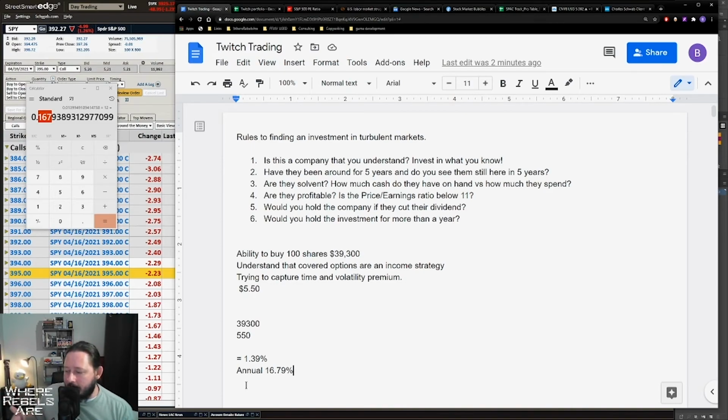So in a retirement account, the buying and selling activity is not reported. It is only the depositing and withdrawing activity, which is why it makes more sense to do this in a retirement account. But that 16.79% annualized return on money that you already had invested is in addition to the potential movements, as long as you continue the discipline of selling out of the money.